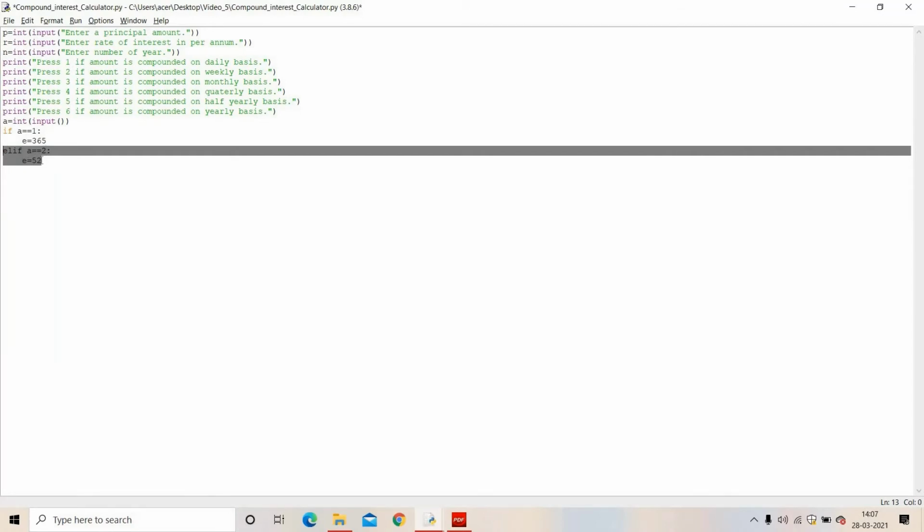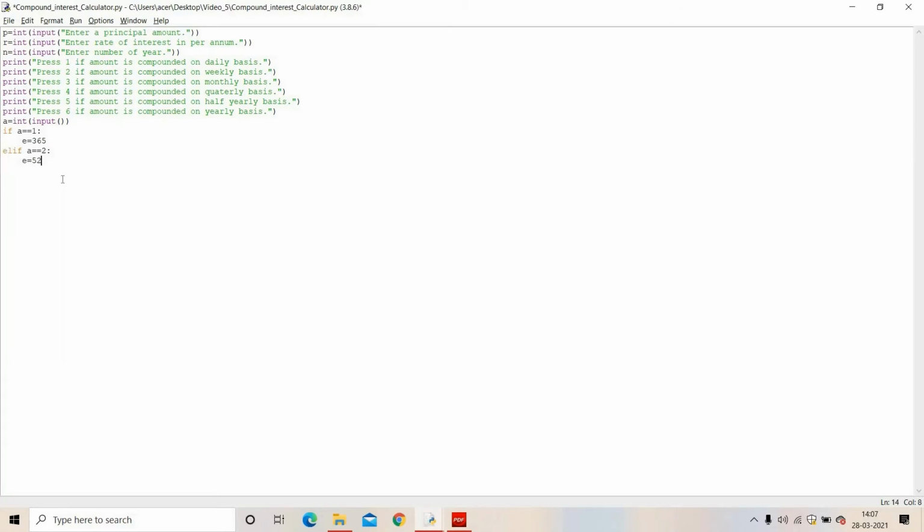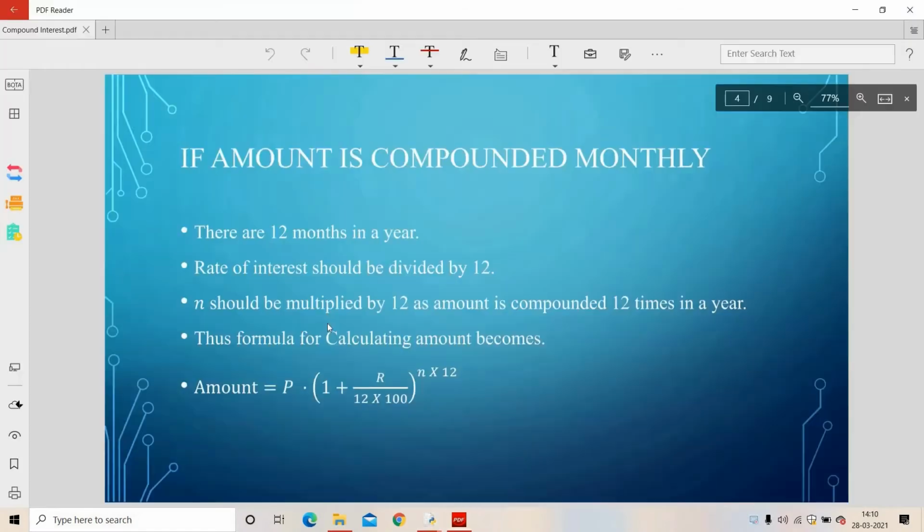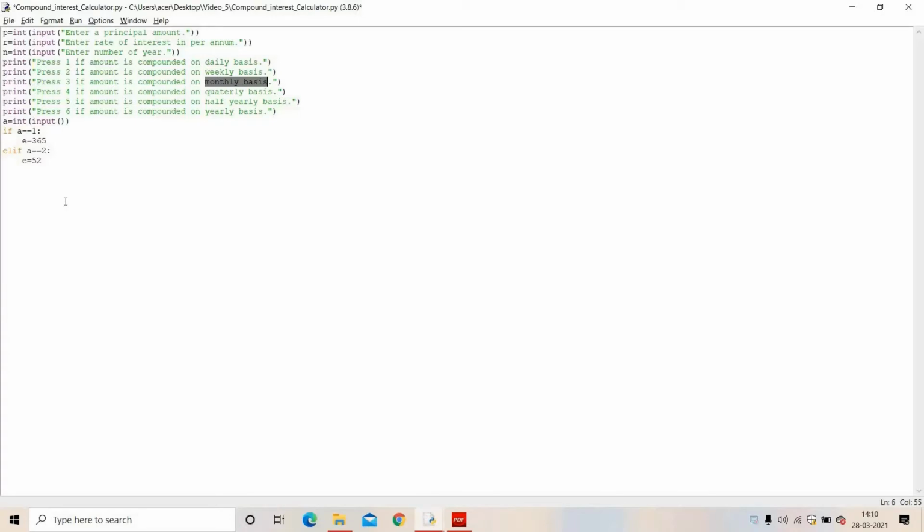These two statements will see if user press 2, then E is 52. Similarly, if user press 3, we have to compute on monthly basis. There are 12 months in a year, so E will be 12.